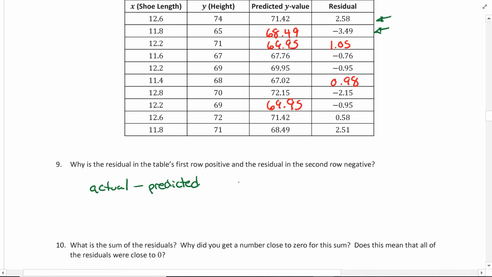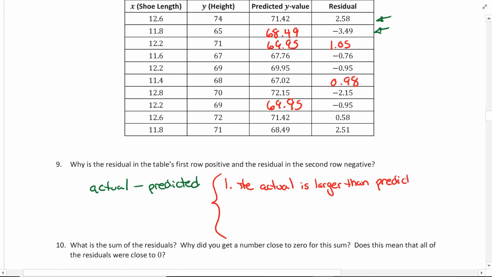Well, it can mean one of two things. If you have a positive residual, the actual is larger than predicted.